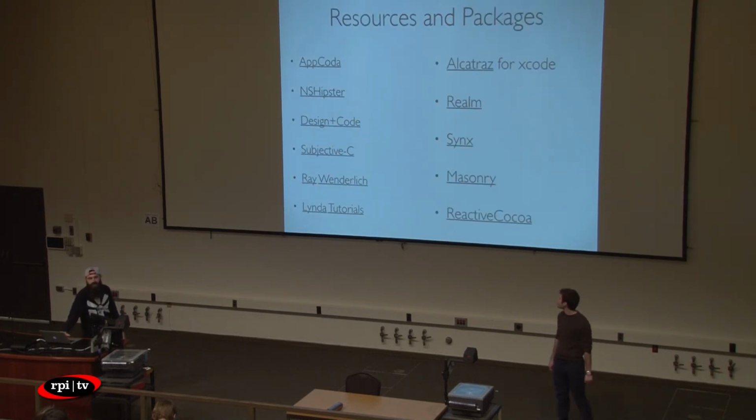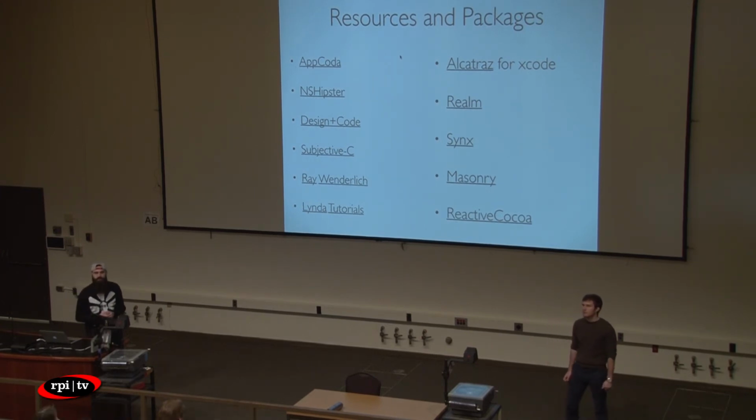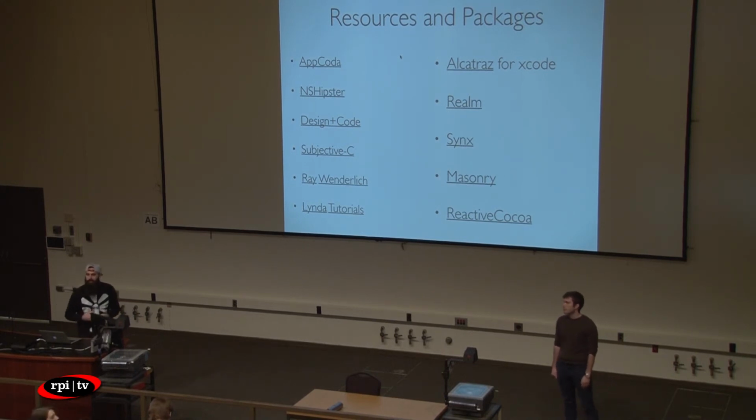So these are the resources and packages that I've been mentioning this whole time. On the left, we've got some resources for just learning these things. Everything from limited tutorials to lots of articles and blogs by people who are super smart and know what they're talking about for iOS.